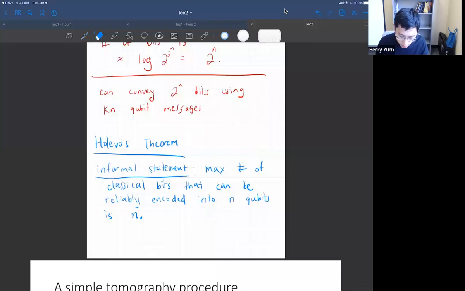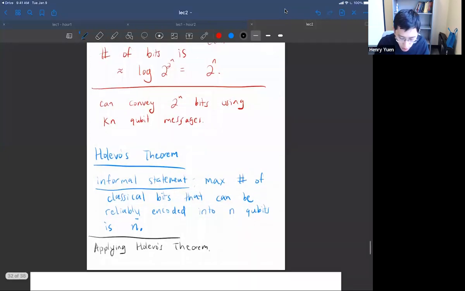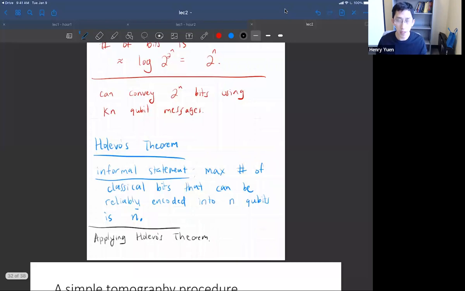So applying Holevo's theorem, what Bob received is a kn qubit message. So kn has to be at least 2 to the n, because he was somehow able to decode this message m, which tells you that k must be at least 2 to the n over n.